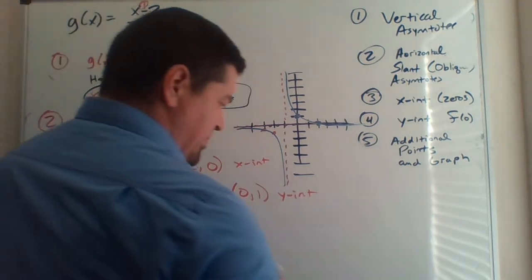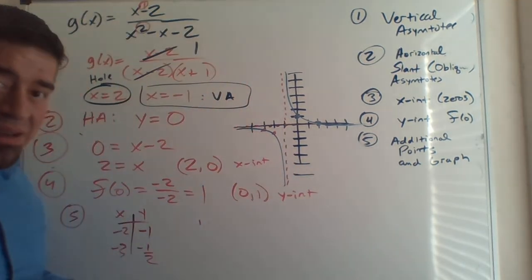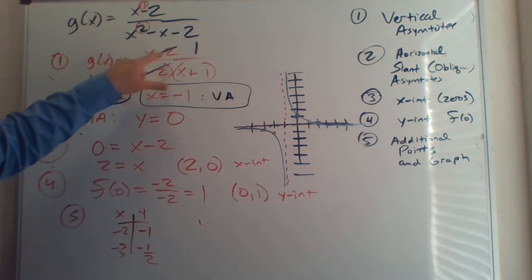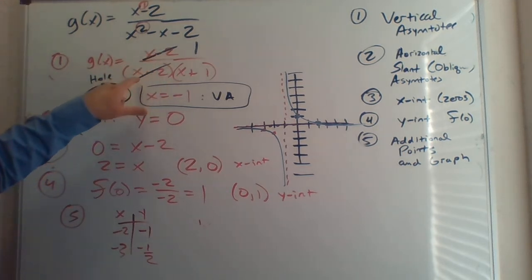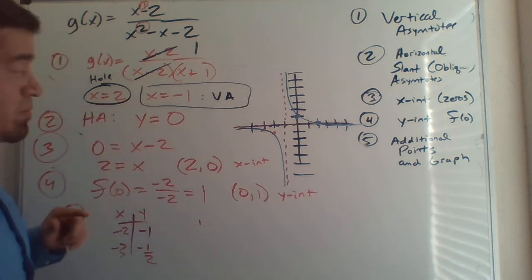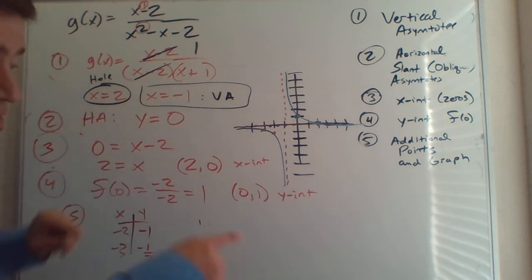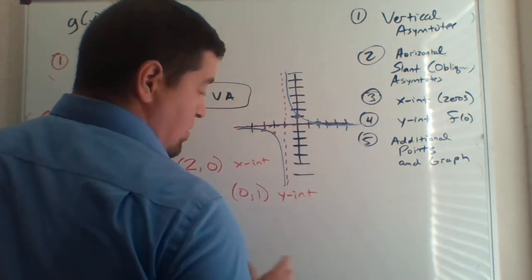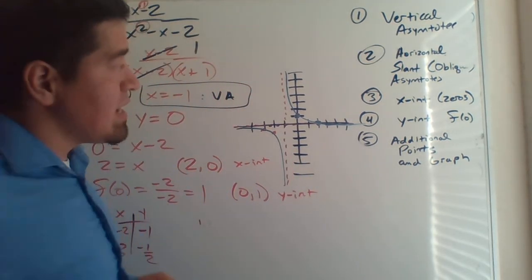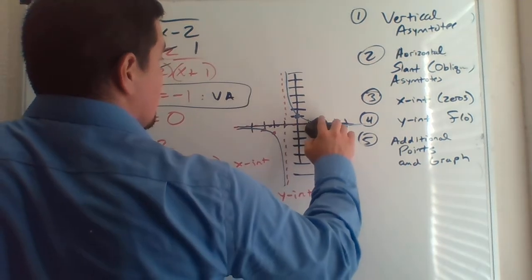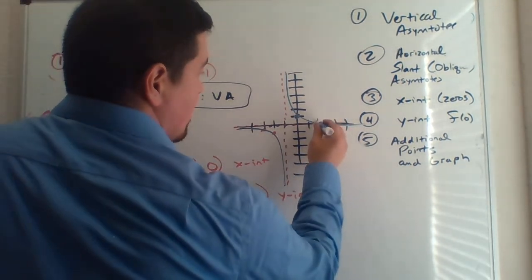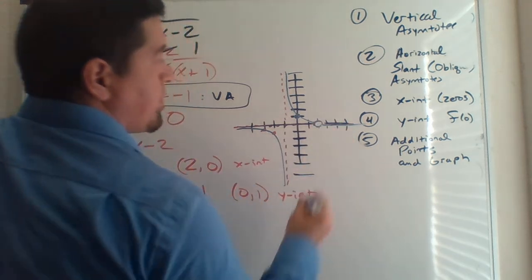Now additionally, the purpose of this question, the purpose that we went over this question, is to talk about the hole. Whenever you have factors that cancel this way, whatever makes that factor 0, that will be the hole. Okay, so what does that mean on the graph? So on the graph at 2, in fact, you're going to edit this, and at 2, that coordinate, we're just going to literally put a hole.